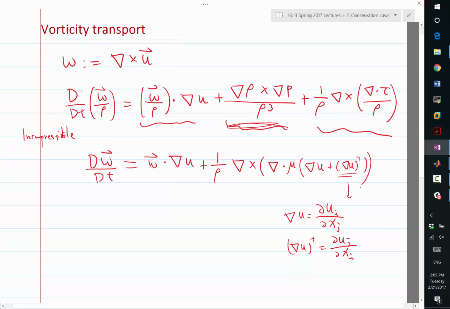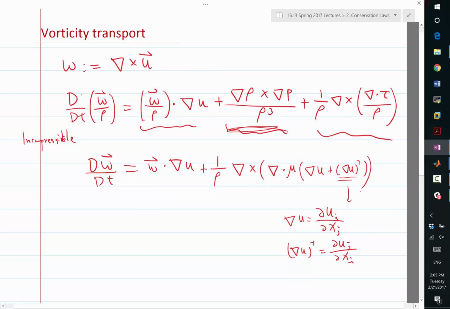All right. Now let's look at constant viscosity. For constant viscosity, what does the divergence do to this term? The divergence is taken on these two terms. You can see one of the terms is basically taking a second order derivative.